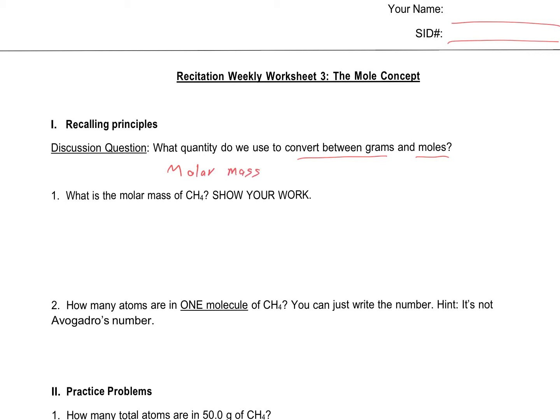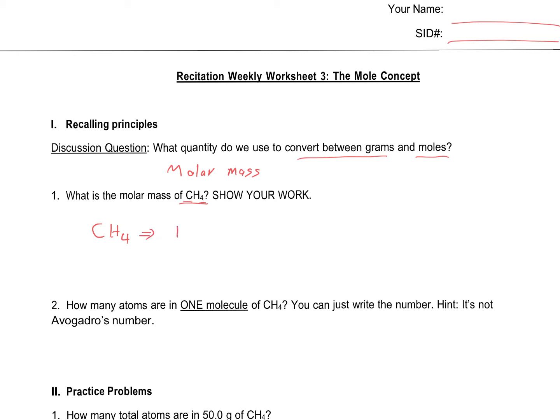Okay, how do we find the molar mass of CH4? If you look at the periodic table, to find the molar mass of any compound, you check the atomic mass of each element and then add them all together. CH4 has 1 carbon and 4 hydrogen, right?